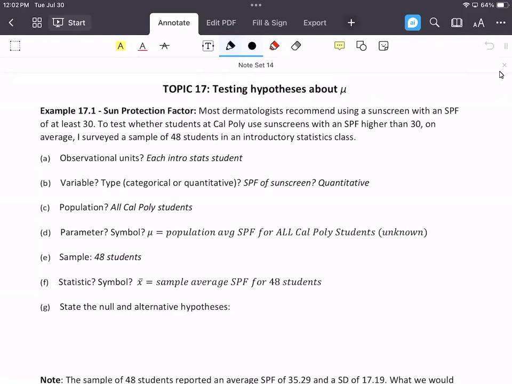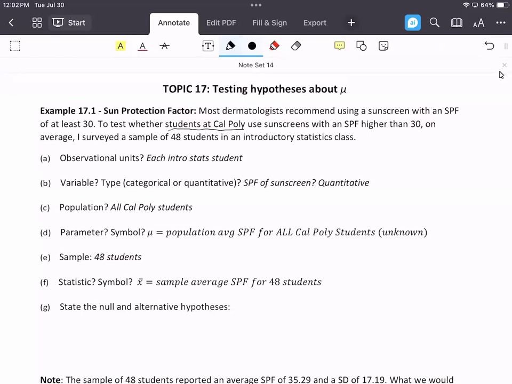Who were we interested in, in general? If you look specifically at the statement up here, it says students at Cal Poly. So we're interested in all Cal Poly students, but we're not going to ask every single Cal Poly student, so we're taking a sample. The parameter and symbol is mu because we're looking at that population. We're looking for that population average SPF for all Cal Poly students, and it's unknown.